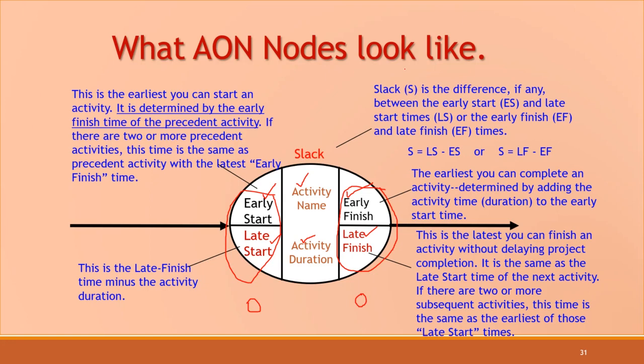So the slack value will be 0 in the critical paths. Slack is LS minus ES, that is, latest start time minus earliest start time, or latest finish time minus earliest finish time. For this, let us have an example.